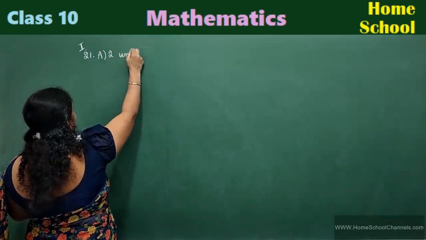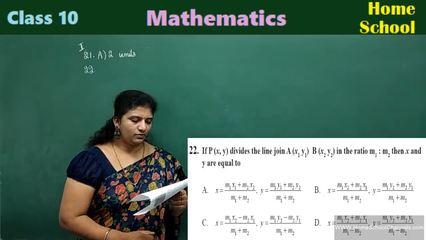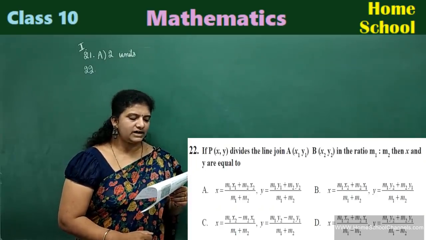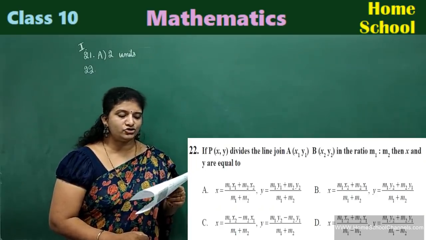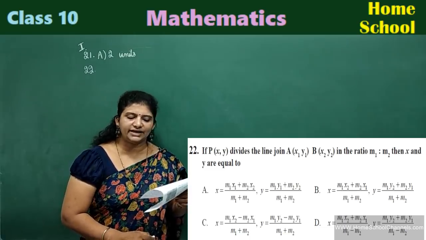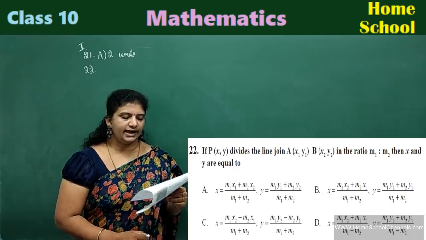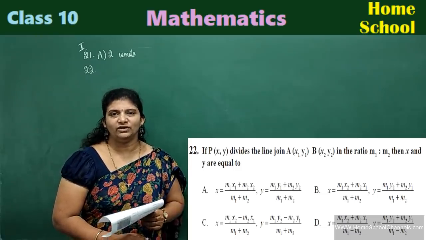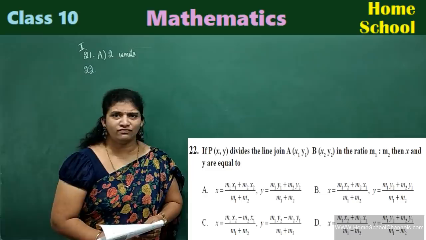2 units. 22nd one. If P(x, y) divides the line joining A(x1, y1) and B(x2, y2) in the ratio m1 is to m2, then x and y are equal to. This is nothing but your section formula.